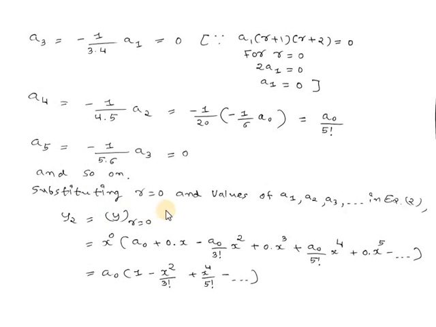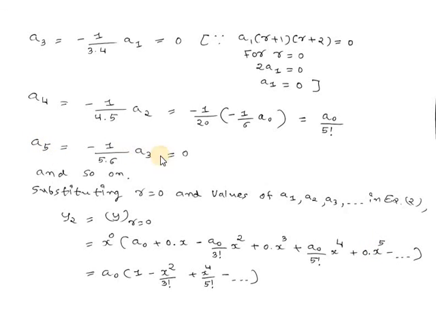Now substituting r equal to 0 and the values of a1, a2, a3 and so on in equation number 2, we will get the second solution, given by y2 equal to y where r equal to 0. So it will be x raised to 0 in bracket a0 plus a1x, the value of a1 is 0, so plus 0 into x, minus a0 by 3 factorial x square, because this is the value of a2, plus a3 x cube, the value of a3 is 0, plus a4 x raised to 4, the value of a4 is a0 divided by 5 factorial, so a0 divided by 5 factorial into x raised to 4, plus a5 x raised to 5.